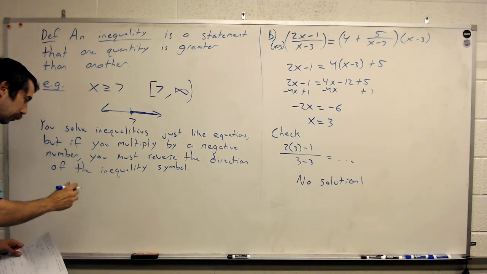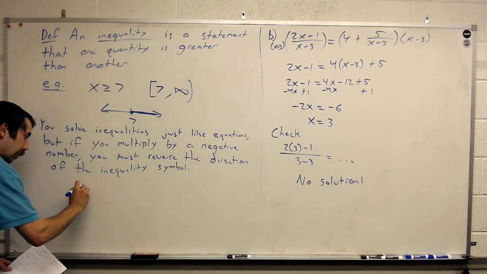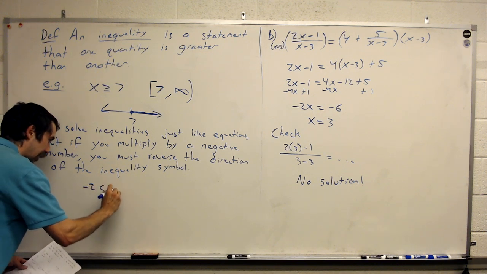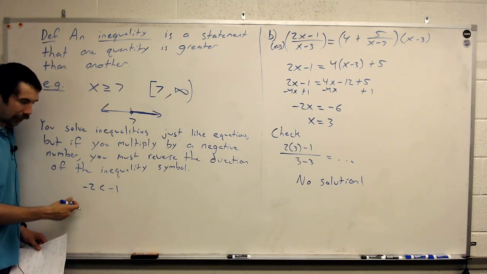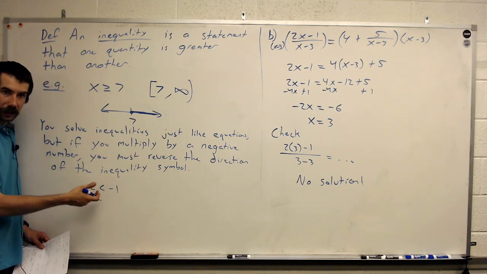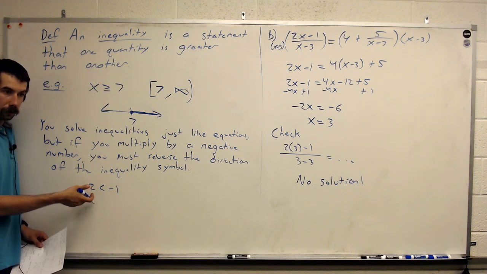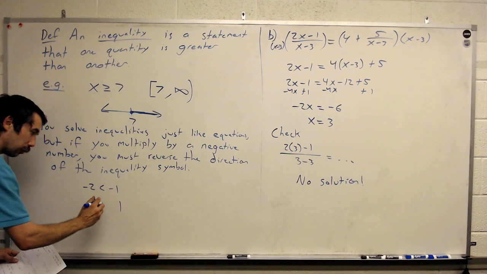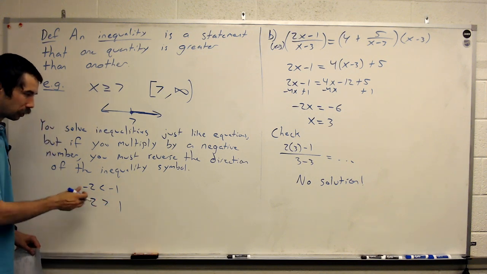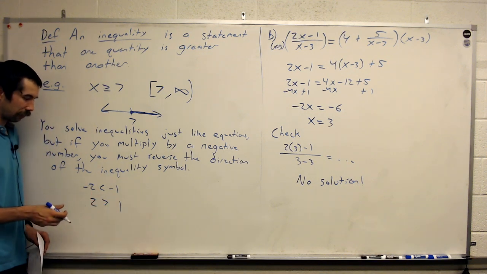Okay, so for example, just to see if you believe this, negative 2 is less than negative 1. Right? This is a fact. Negative 2 is further left on the number line than negative 1. If we multiply everything by negative 1, we still want a true statement. So that would give us 2 and 1. Well, to make sense, we'd have to say 2 is greater than 1. So we flip the inequality because we multiplied by negative 1.